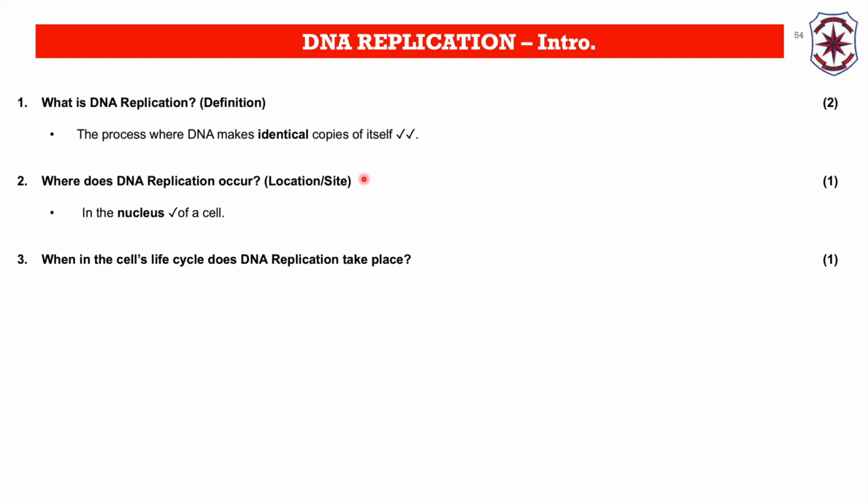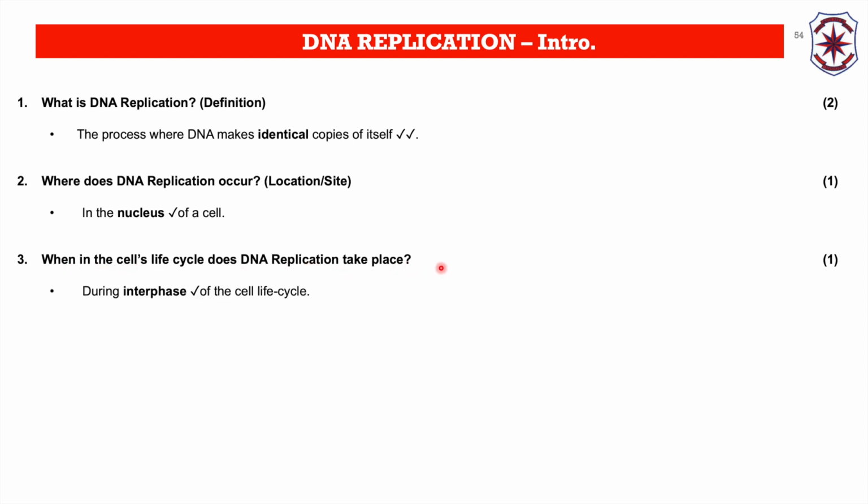The third question, when in the cell's life cycle does DNA replication take place? Now, the cell, just like us human beings, has its own life cycle. It has stages that it passes through until it dies. Now, this question is asking of when. It is asking for a phase in its life cycle where DNA replication takes place.